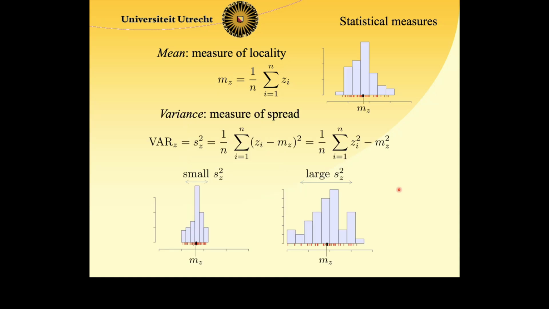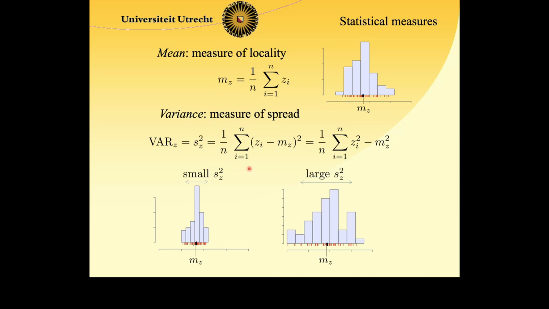Another one, apart from the measure of locality, is a measure of spread. So how wide is this distribution? Is it just small or is it wide? And that is called the variance. The variance is calculated by taking each data value, subtracting the mean that we previously calculated, squaring it, adding it all up, and then dividing by the number of data.